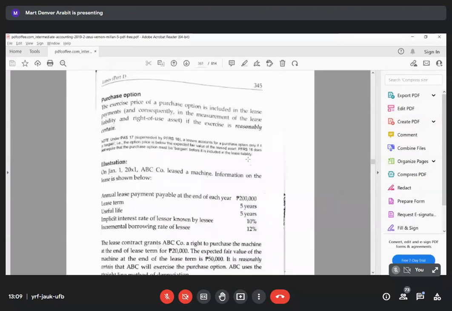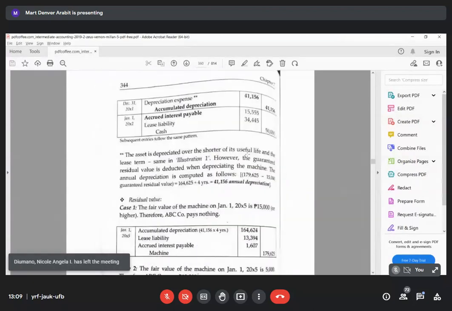Okay, and next, so that is the only difference. Unlike in the new standard, where you do not recognize the whole R&D if there is a specified amount that you will pay in consideration of the residual value. Okay? So, take note of that.